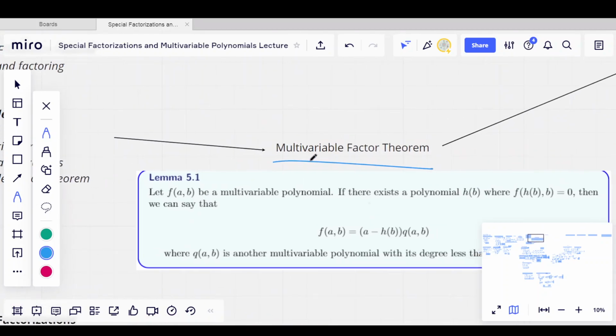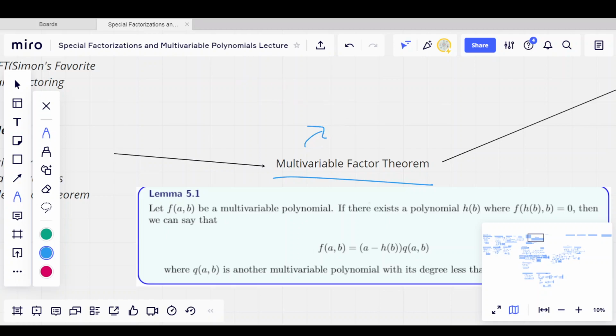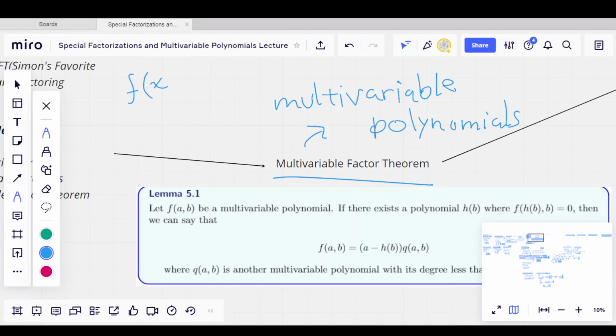So, just to clarify, multivariable factor theorem is just applicable for multivariable polynomials. What does this mean? It basically says it's not in terms of f of x only. It can be in terms of f of x, y, and there's also this closed form, like, I don't know, like that. Okay, so this is a multivariable polynomial.